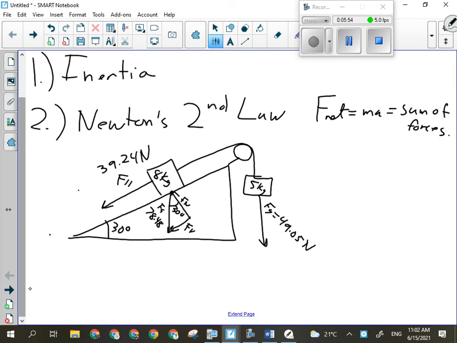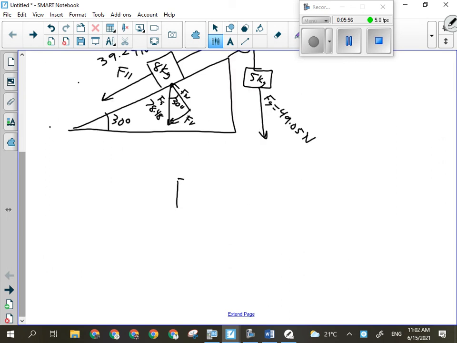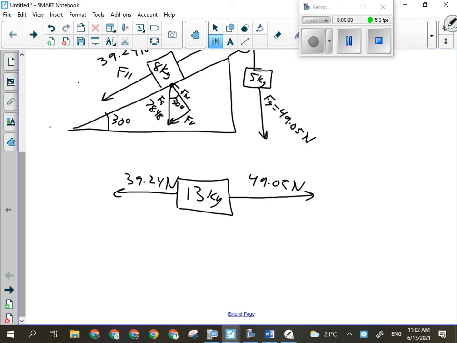So now what I need to do is essentially simplify this diagram to represent the entire system. 13 kilograms being pulled one way by 49.05 newtons and the other way by 39.24 newtons.